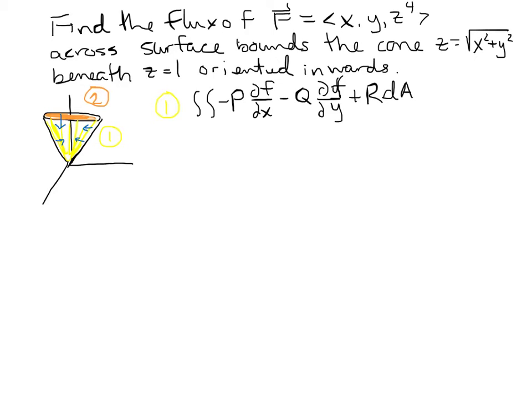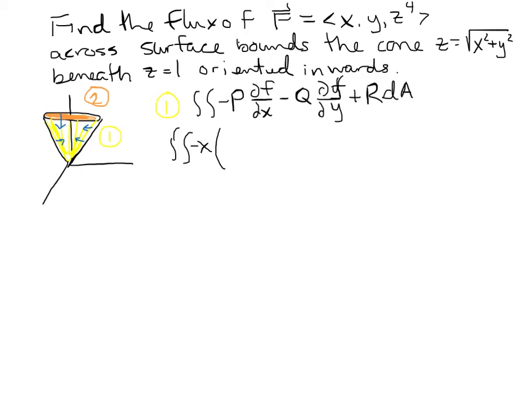Okay, so double integral here. P is the x component of the vector field. So in this case, it is x. So negative x times the partial of f with respect to x.